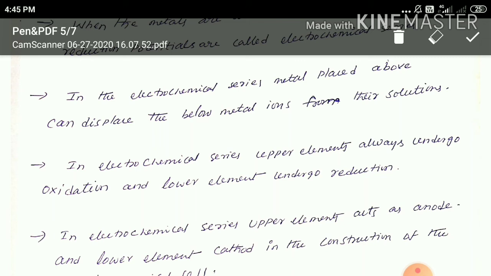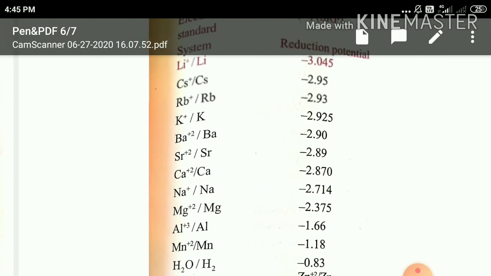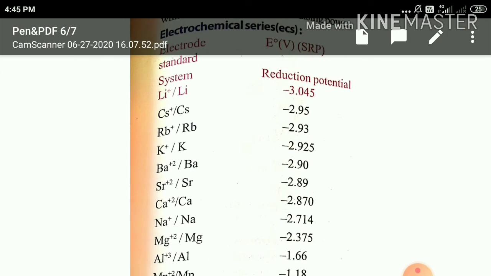Did you understand? So we can understand that important point from the electrochemical series. In the electrochemical series, upper elements always undergo oxidation and lower elements undergo reduction. That means upper elements always undergo oxidation. For example, when compared with cesium, lithium always undergoes oxidation.